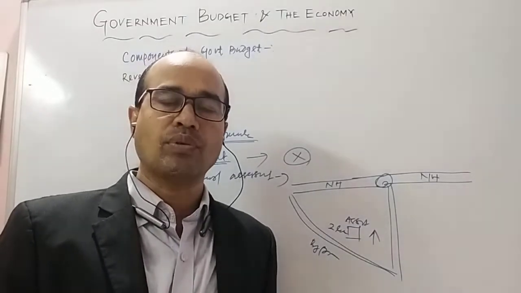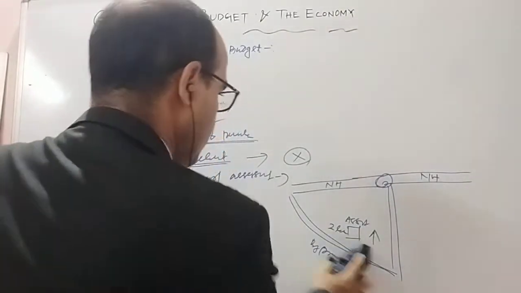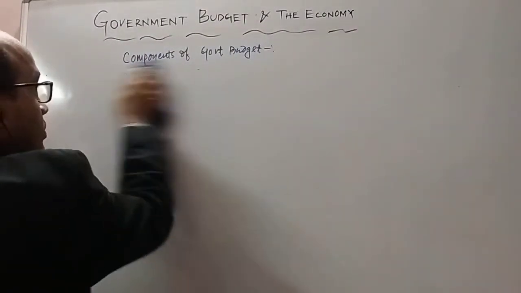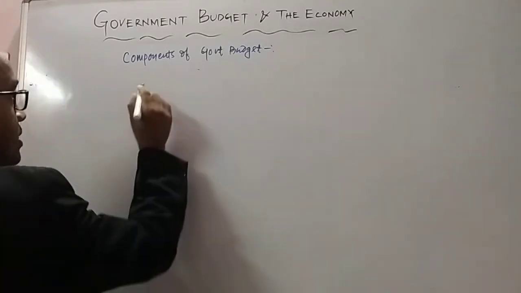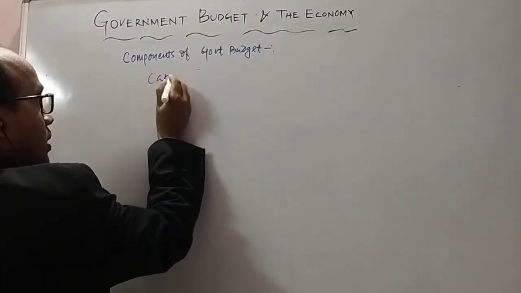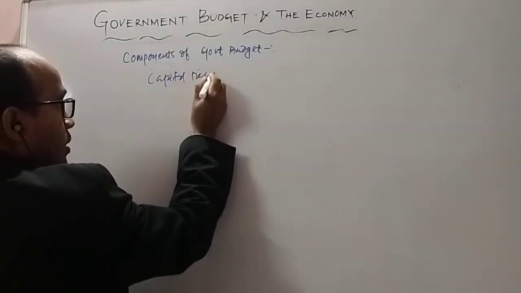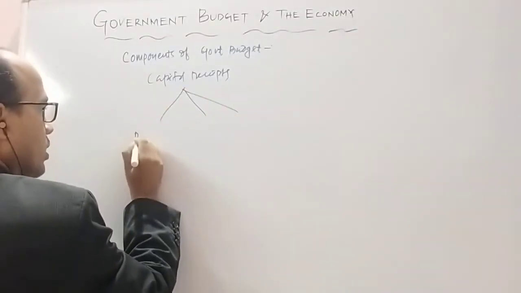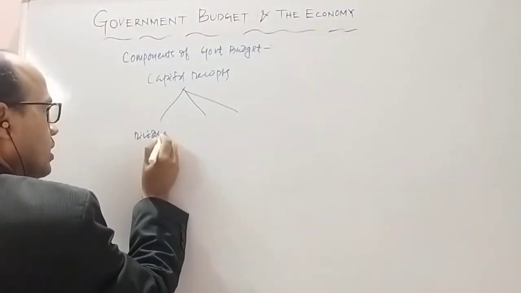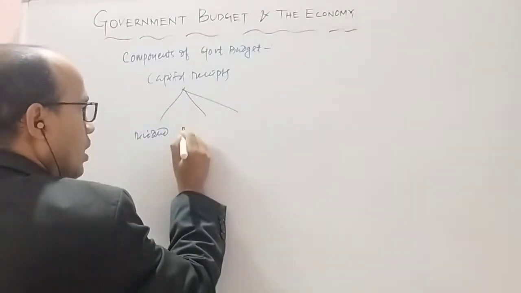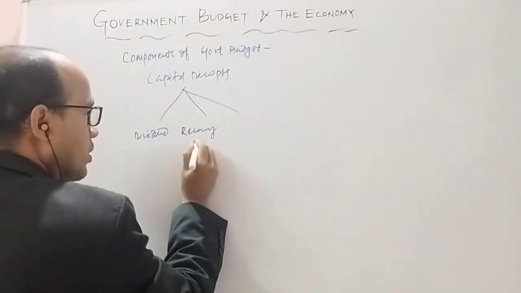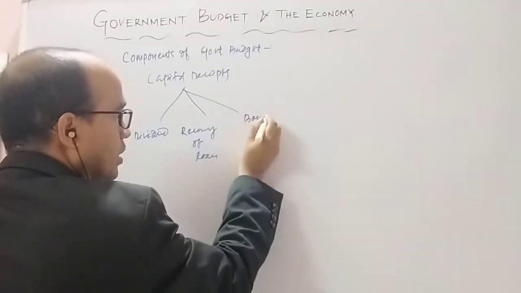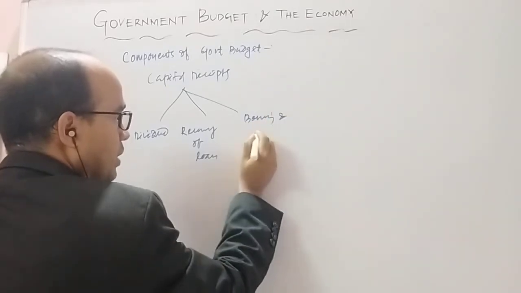After that, I enter into what are the components of capital receipts. Right. So let us discuss capital receipts. Capital receipts have three components. One is called dividend. One is called recovery of loan, and the last is called borrowing and other liabilities.